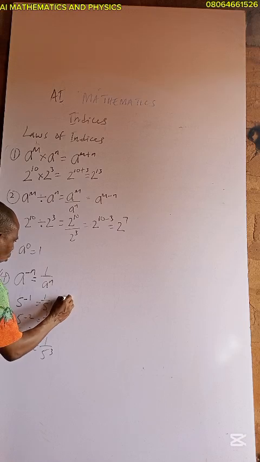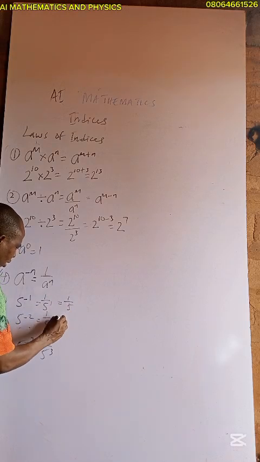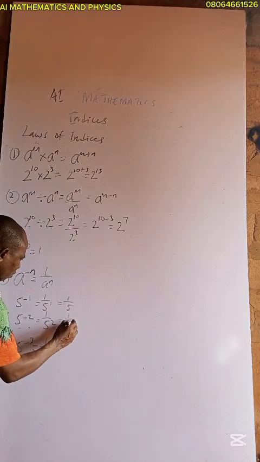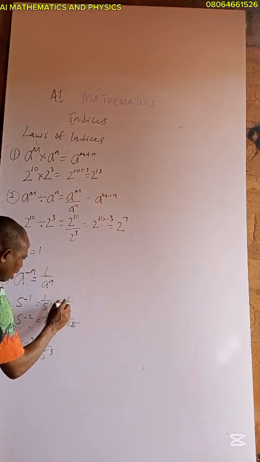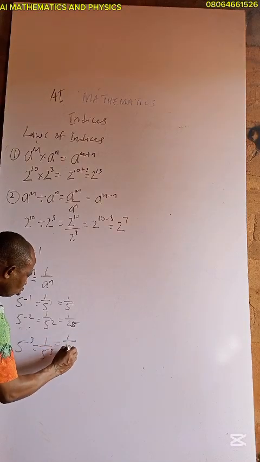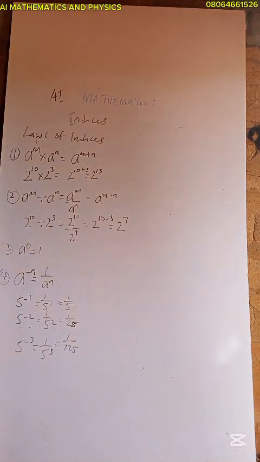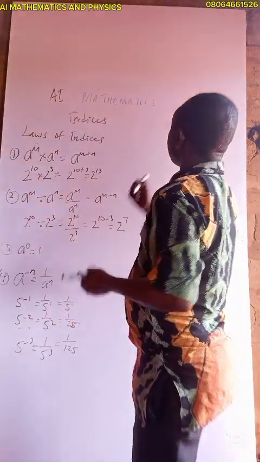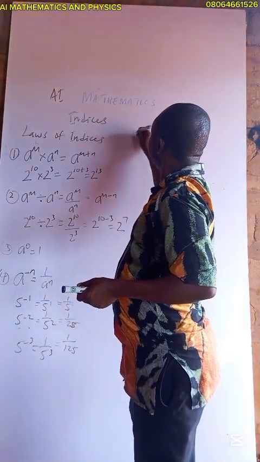This one will be 1 over 5. This one will be 1 over 5 times 5, that's 25. And this one is 1 over 125.